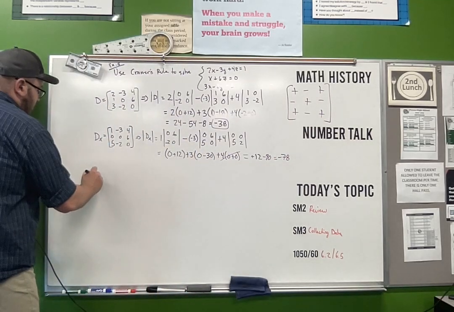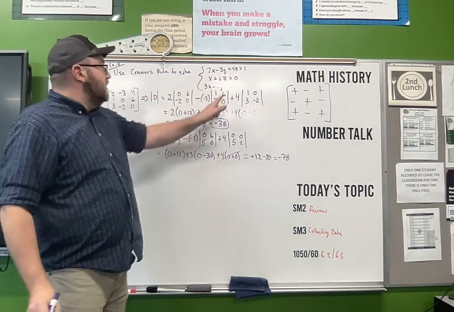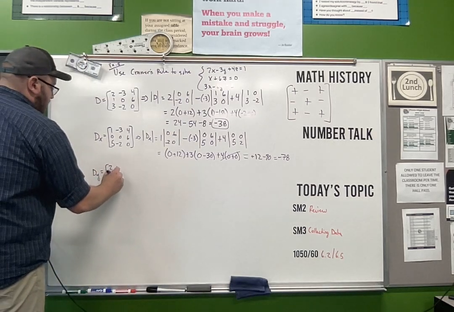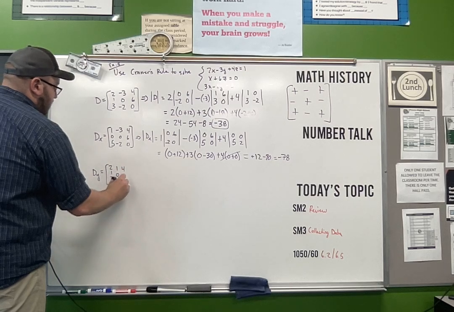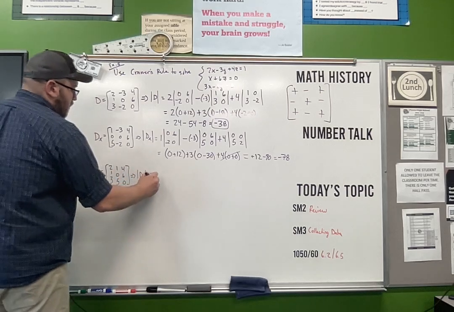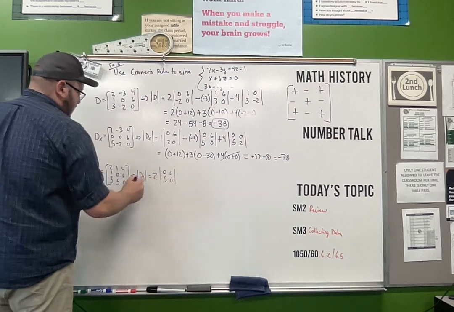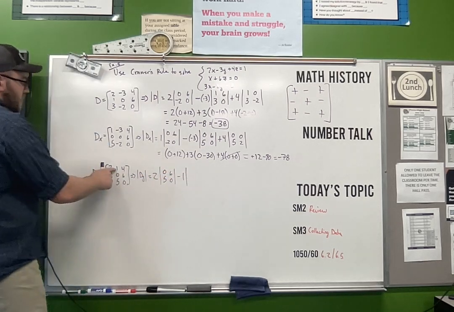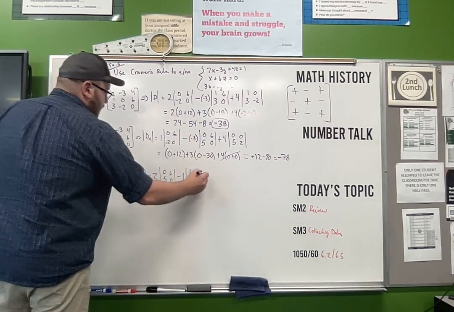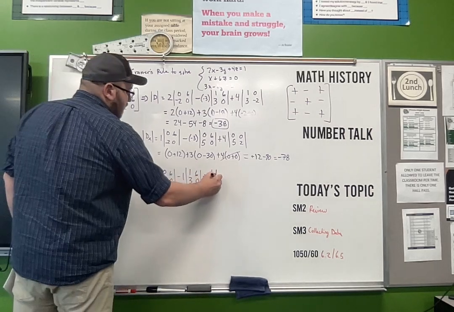Okay, D sub y, remove the y column in your D matrix and plug in the solutions. So we have 2, 1, 3, 1, 0, 5, 4, 6, 0. Find the determinant. So it's 2 times matrix 0, 5, 6, 0, minus 1 times matrix 1, 3, 6, 0, plus 4 times determinant of matrix 1, 3, 0, 5.